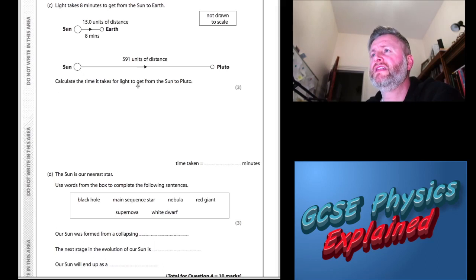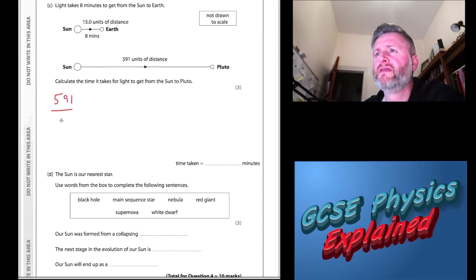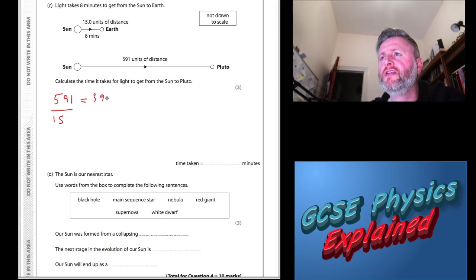Light takes 8 minutes to get from the Sun to the Earth. Calculate the time it takes for light to get from the Sun to Pluto. Well, you can see Pluto's a lot further. How much further? Well, how many times does 15 fit into 591? So if you do 591 divided by 15, that equals 39.4. So that's how many times further Pluto is from the Sun compared to the Earth from the Sun.